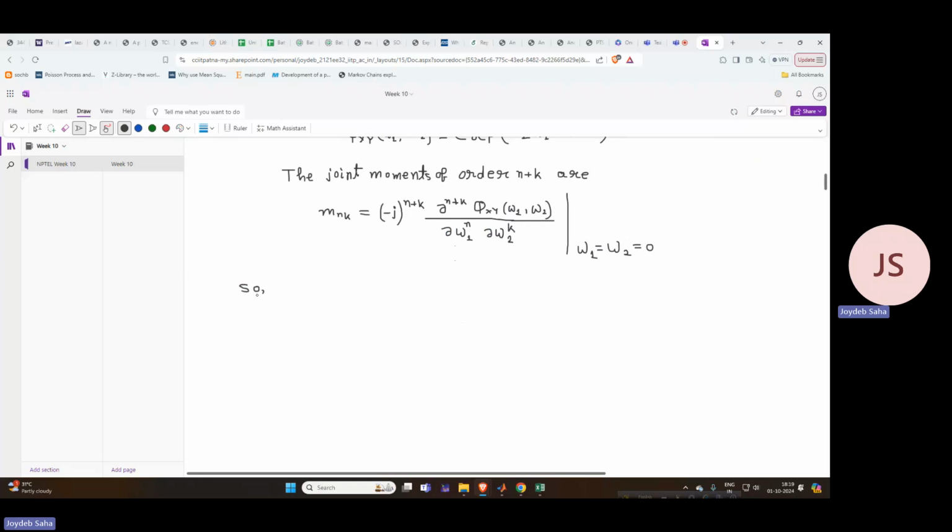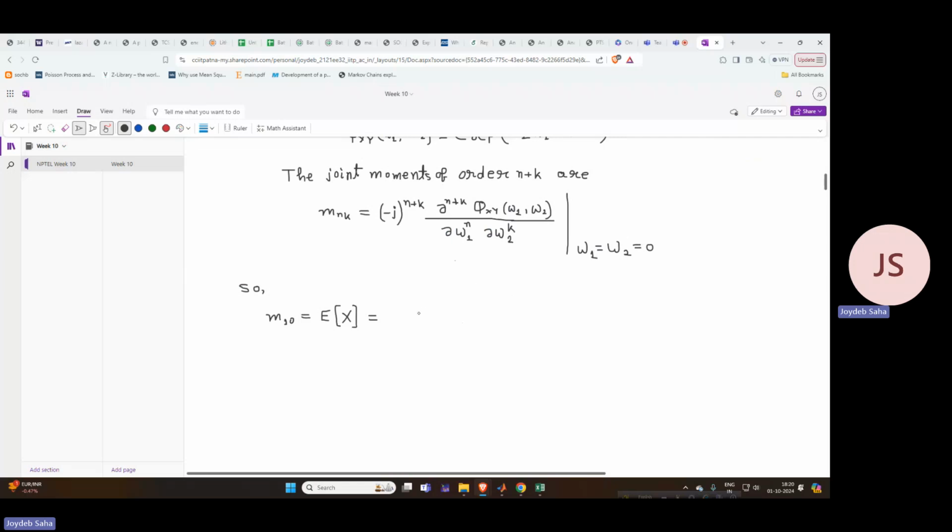So if we calculate m10, what is m10? M10 is basically the expectation of x. So what will be the expectation of x? Please try it using this formula.